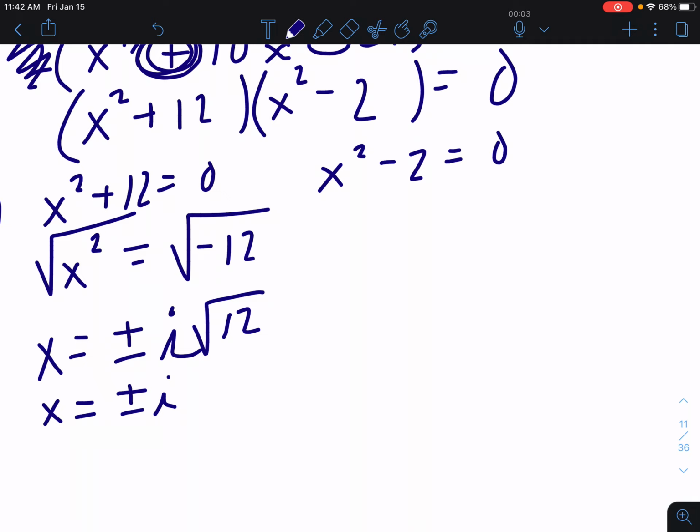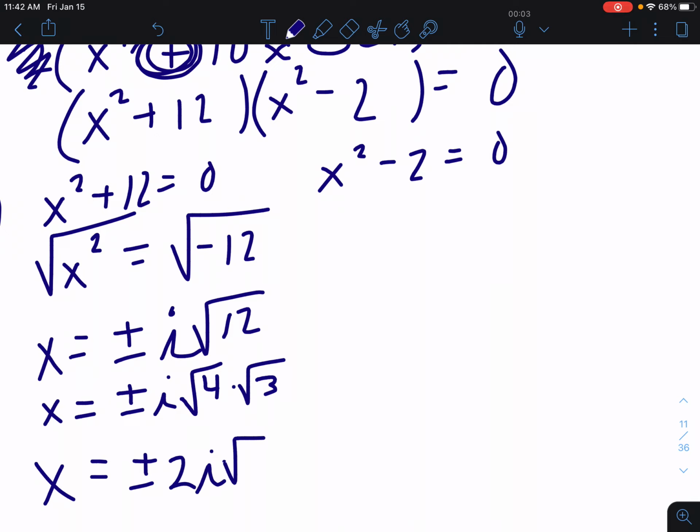That would be 4, such as square root of 4 times the square root of 3. The square root of 4 will become 2. So it'll be plus minus 2i root 3. The square root of 4 is 2. It should not have a radical anymore. All right, so there's two answers. They are actually imaginary solutions because they have an i in them.